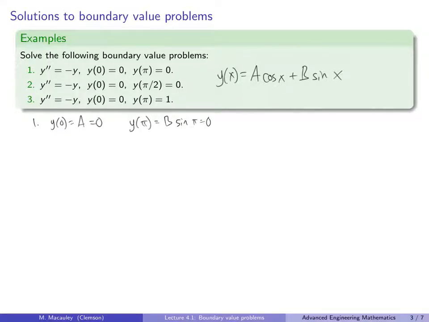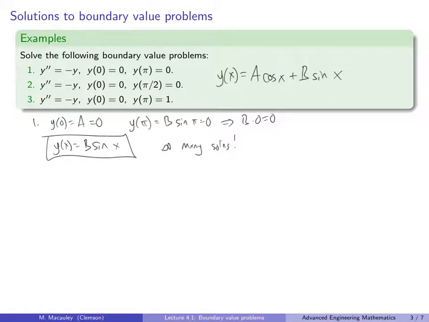This is a lot like the problem that we just did in the previous slide. This doesn't tell us anything, so b times 0 equals 0. B can be anything. So the set of all solutions is b sine of x. So there are infinitely many solutions.